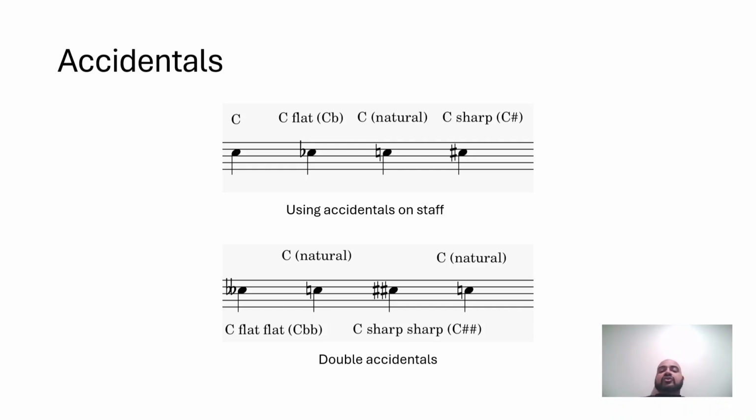The diagrams below show you more examples of accidentals. Flat flat is an accidental as well. I think C flat flat would be A sharp or B flat note. In some music theory sheets you will come across those symbols, flat flat and sharp sharp.